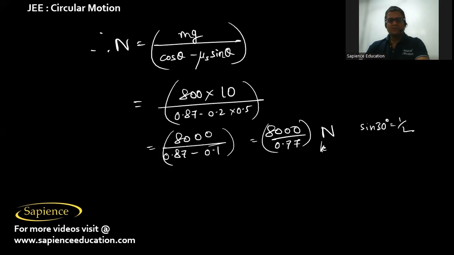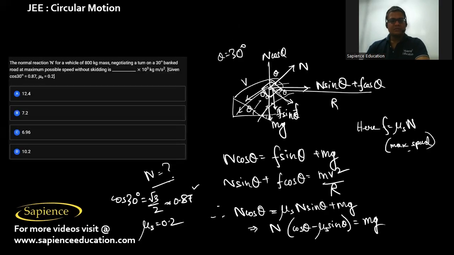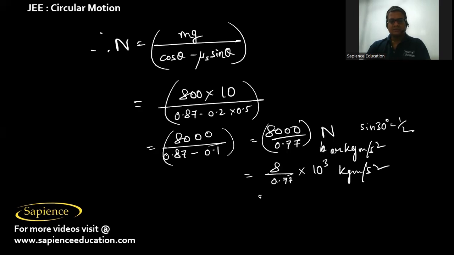Or I can say this is kg meter per second square. So this is 8 by 0.77 into 10 power 3 kg meter per second square. 8 by 0.77 is slightly more than 8. So this is now 800 by 77 approx into 10 power 3.